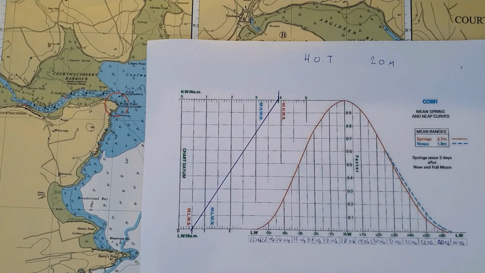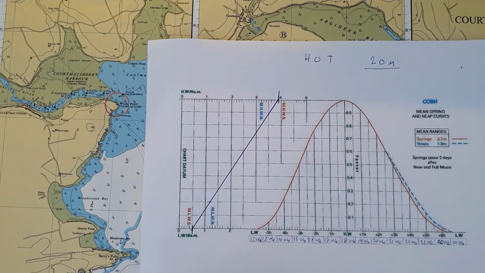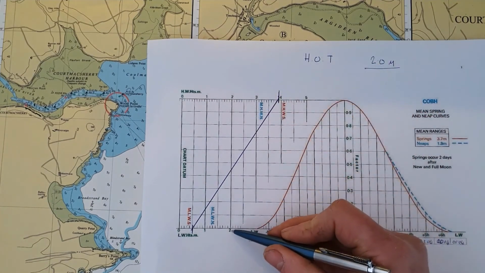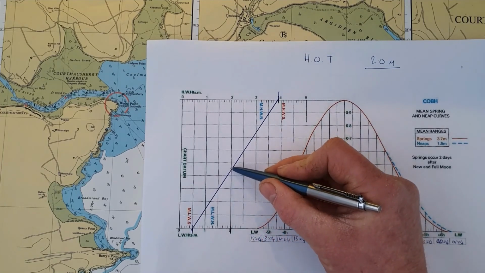Okay, now we look at our height of tide that we're looking for is 2 meters. So we take 2 meters either from below or above. So I'll take it from below, 2 meters, and we bring this up till it meets the diagonal.